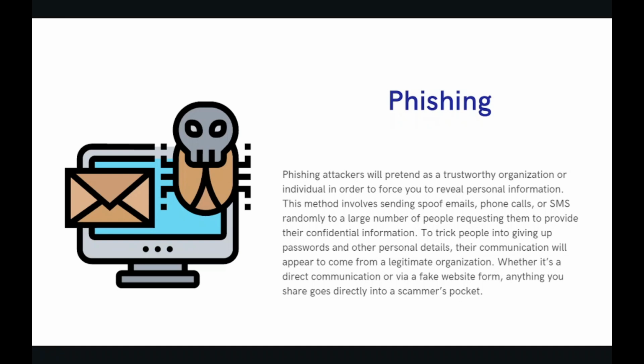Phishing attackers will typically send out spoofed emails, phone calls, or SMS messages that appear to be from a trustworthy organization or individual, such as a bank, an online retailer, or a colleague.